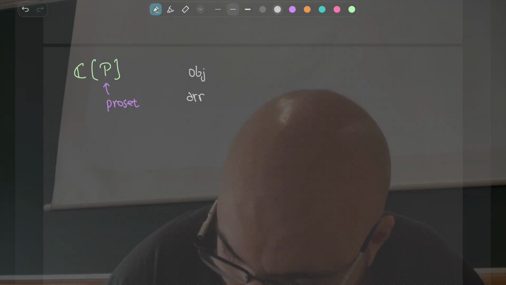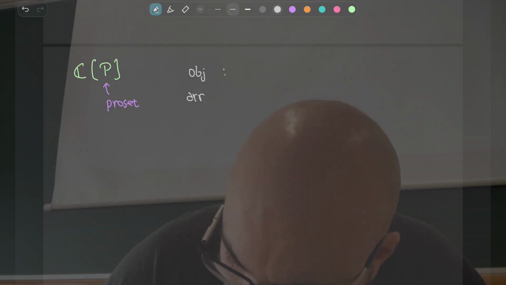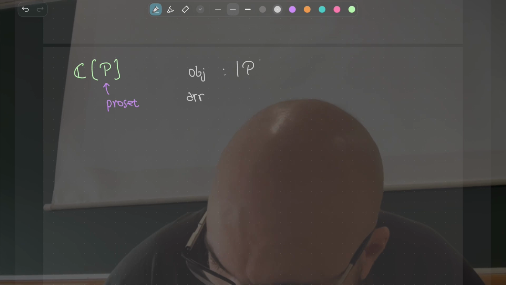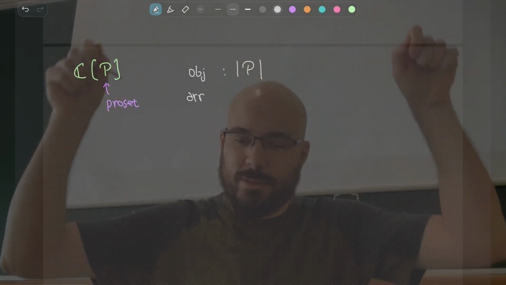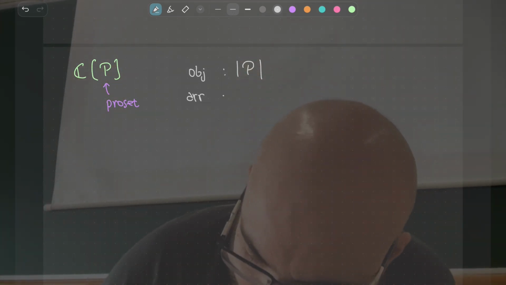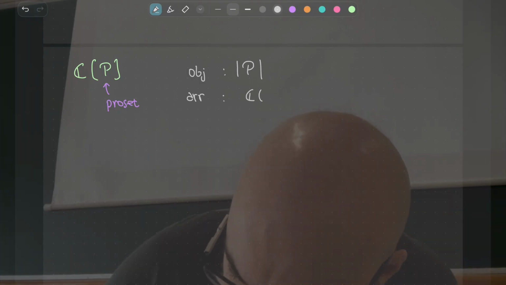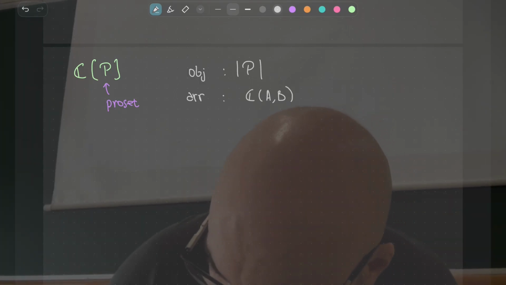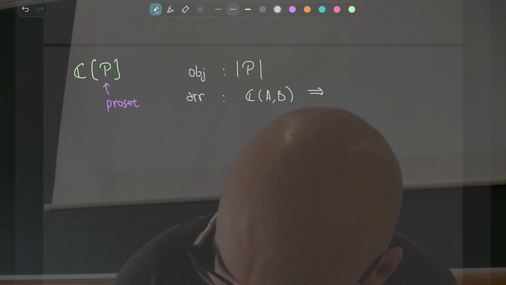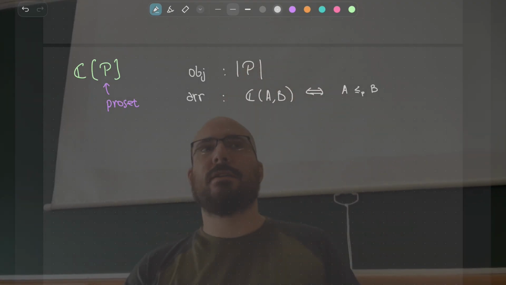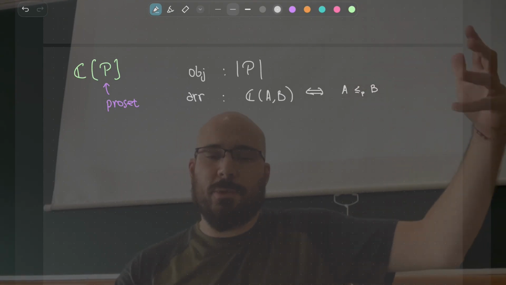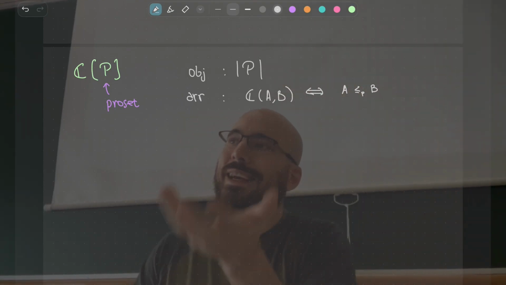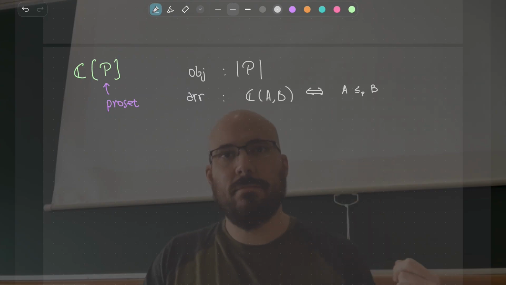And the idea is that the objects are the objects of my proset. I use this for the carrier set, okay? And what are the arrows? It's the same thing. C(A, B), I will write it like that. This is quite common. It's inhabited if and only if A is less than or equal to B. Okay, so at this point, we see that any proset can be seen as a category.